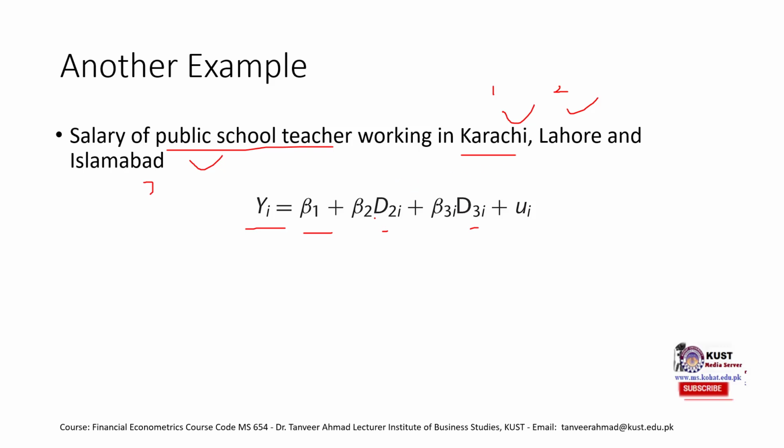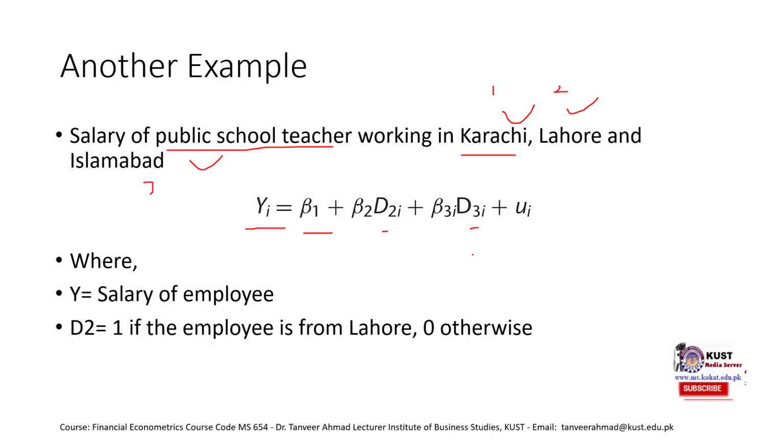So we have understood that we would have two dummy variables, but we need to define them. In this case, y is the salary of the employee. What is D2? D2 is 1 if the employee is from Lahore and 0 otherwise. In the previous example, whenever there was a male in our data set, we would replace it with 1.